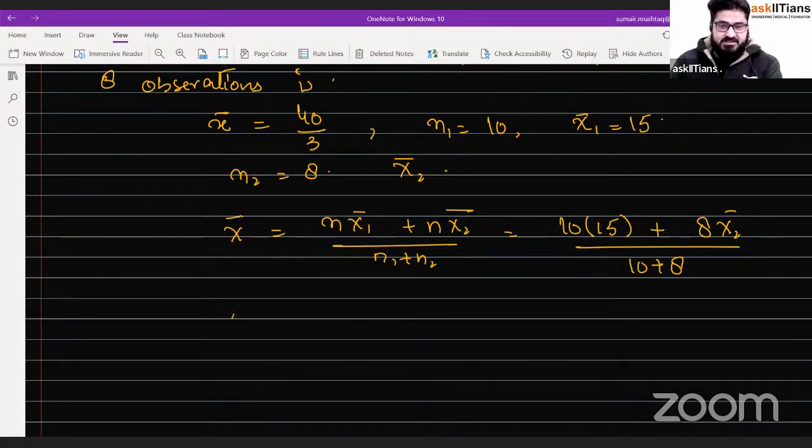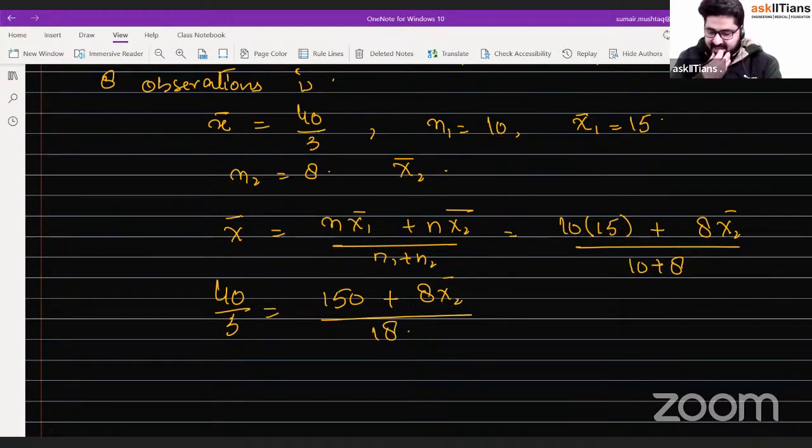Now, this is 40/3. This is equal to 150 plus 8 x2 bar divided by 18. Right? So this is 240, because 40/3 times 18 is equal to 150 plus 8 x2 bar.